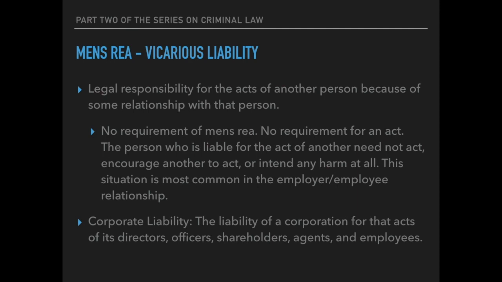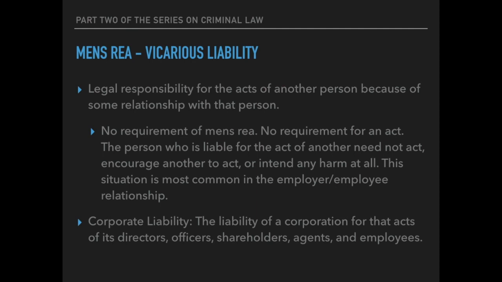Then there's something called vicarious liability. Another situation where you don't actually have to have the mental state because you are assuming responsibility. You are being held responsible and accountable for someone else's actions. This often happens in an employer-employee relationship.